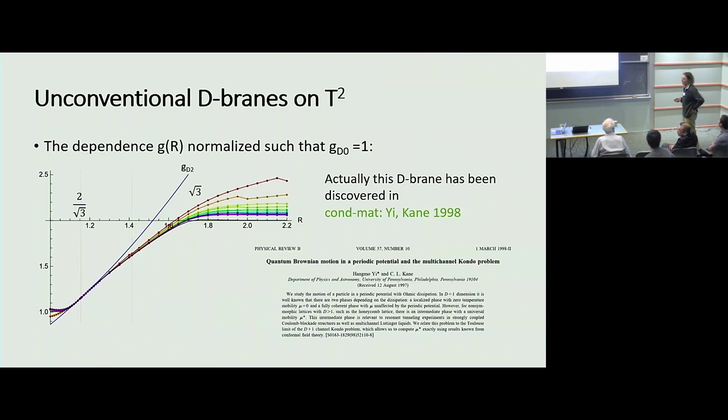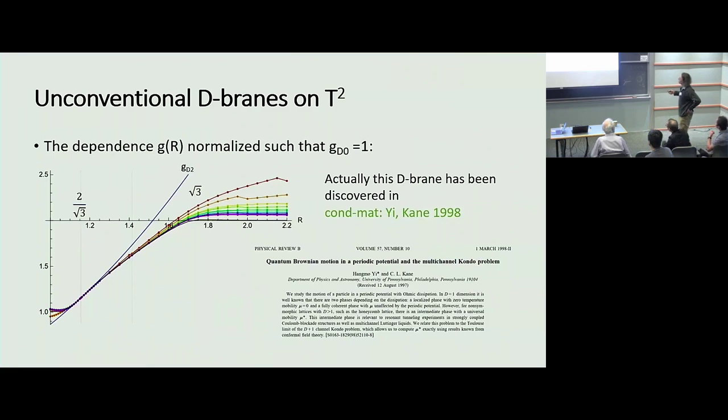Parallelogram. Yeah, parallelogram. So it's a solution which interpolates between this D2 brane and, at this radius square root of 3, 2 D0 branes, but it's different from that.